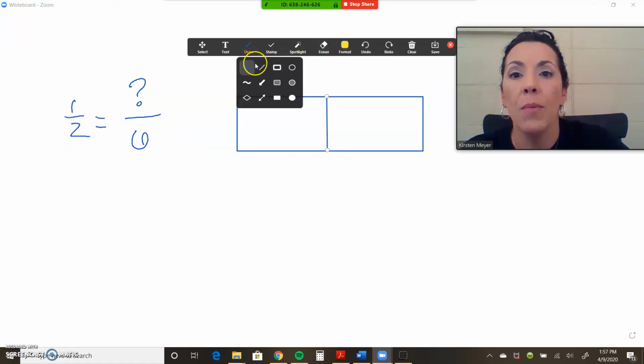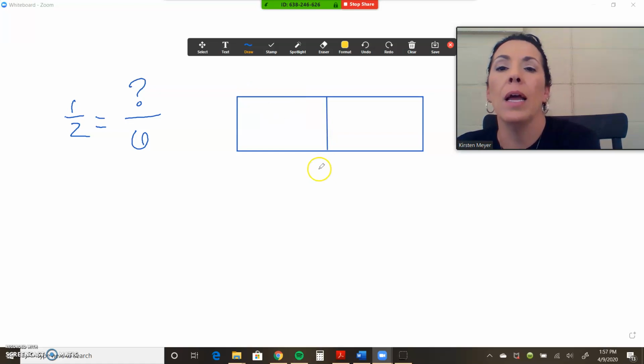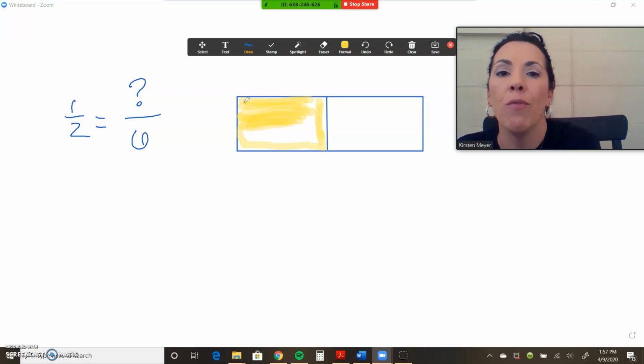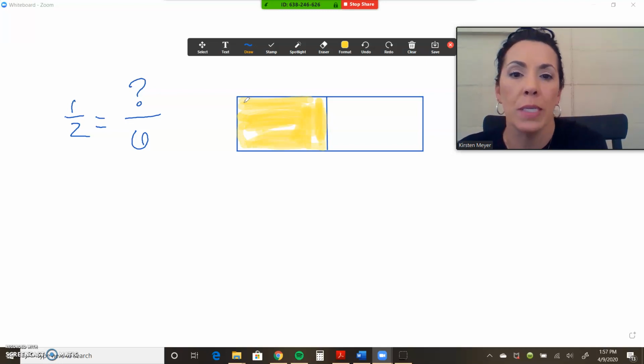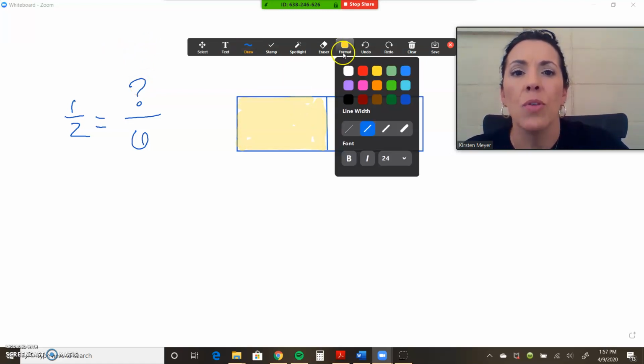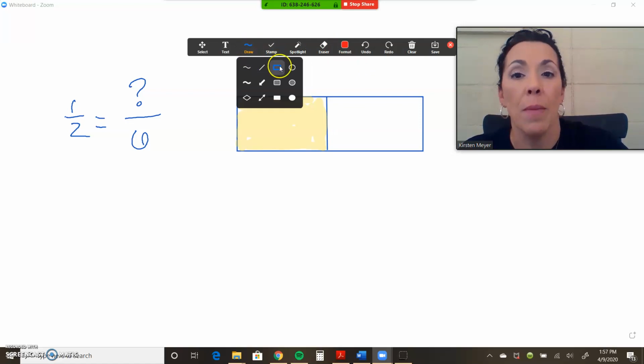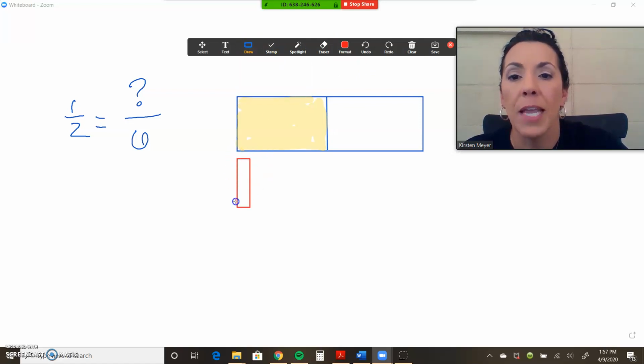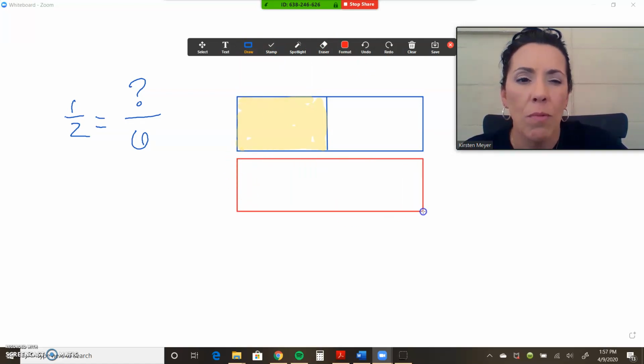And then I want to shade in one of those 2 pieces because 1/2 means I have 1 out of my 2 pieces. Okay, but now I need to figure out how many sixths that will be. So the first thing I'm going to do is draw the same size whole right underneath it so I make sure it lines right up.